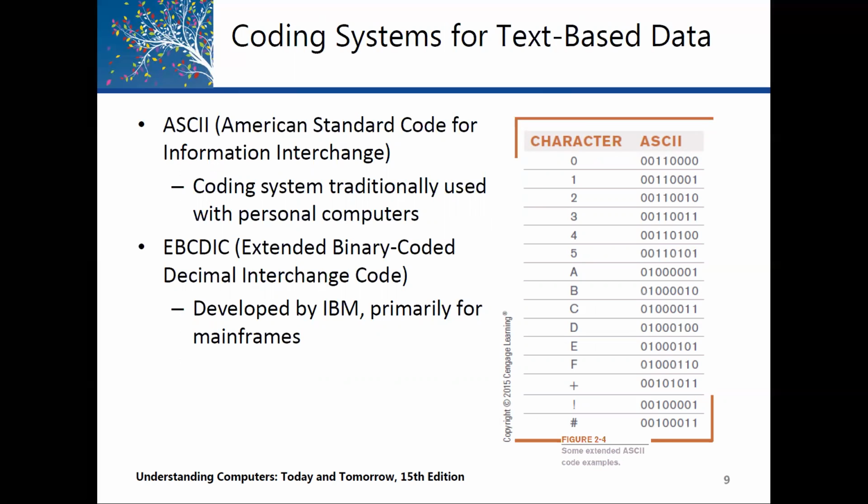One of the classical or earliest coding systems is called the ASCII codes. ASCII's full form is American Standard Code for Information Interchange. This is a coding system traditionally used with personal computers. For example, let me talk about A. How do I convert A so that the computer can understand this is A?